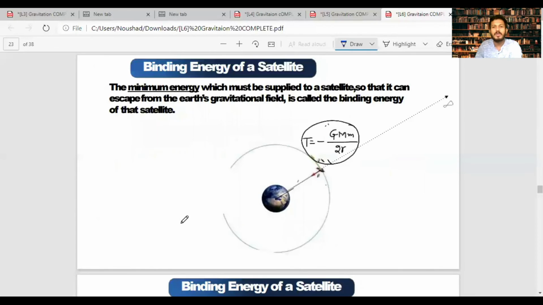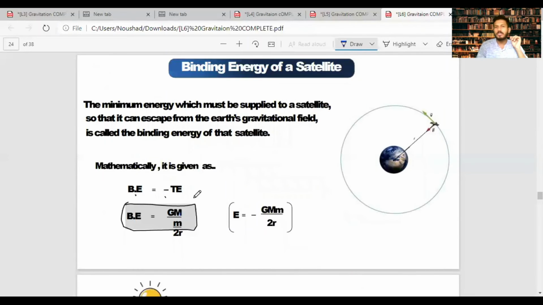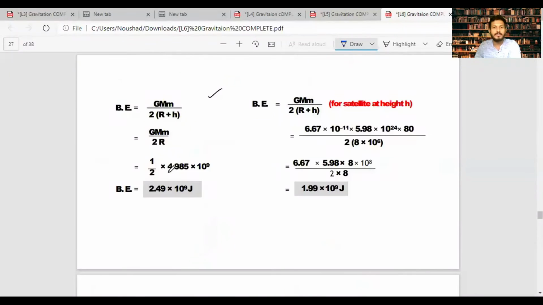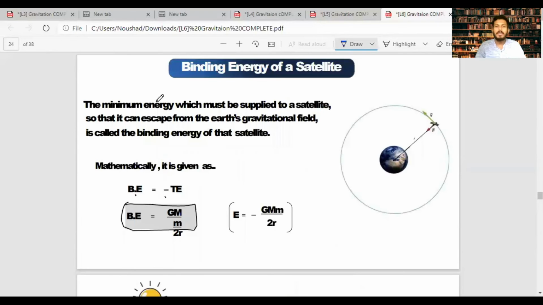Binding energy of a satellite. That's a very important topic we have to discuss. The minimum energy which must be supplied to a satellite so that it can escape from the Earth's gravitational field is called the binding energy of the satellite. Earth has a gravitational field.